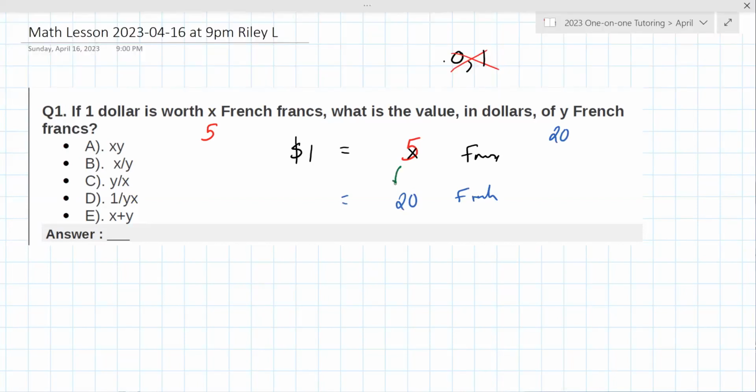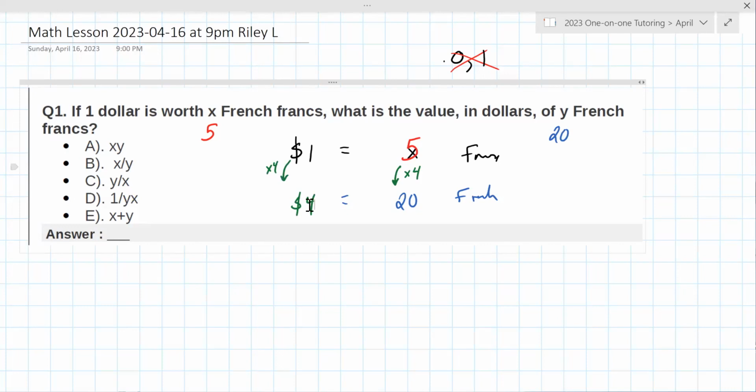Basically, I'm asking, how did you go from 5 to 20? What did you multiply by? So times 4. 5 times 4 gets you to 20. So if you multiply this 1 by 4, you get $4. Okay, so that's the answer.